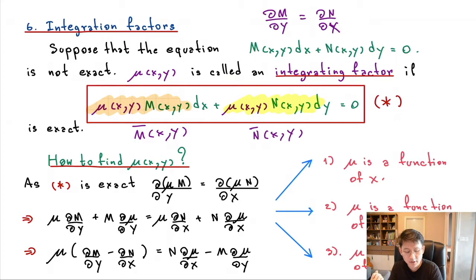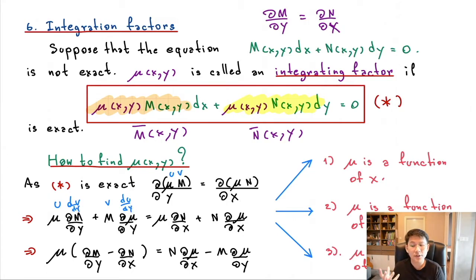As this is exact, we have this condition, right? Which means that I use the formula d of uv. D of uv is u dv plus v du. Okay, make sense?